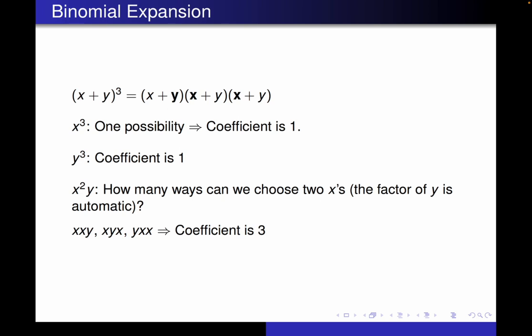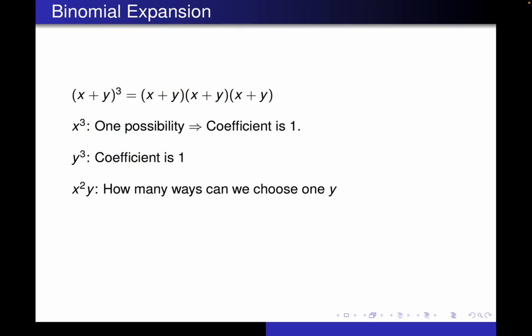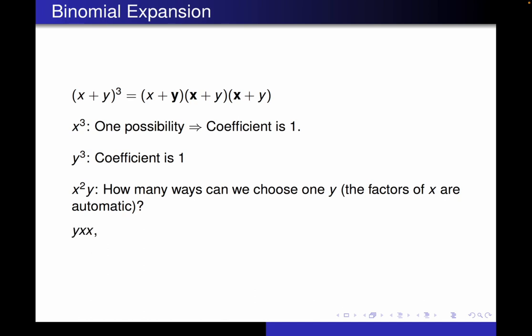Now that's not the only way I could have asked that question. I asked how can I get 2 x's? Maybe I can also ask, how can I get 1 y? Because again, once I've chosen the y, the 2 factors of x are automatic. For instance, if I choose y to be the first one, I have no choice but to get my other x's from the second and the third one. So that gives me y, x, x.